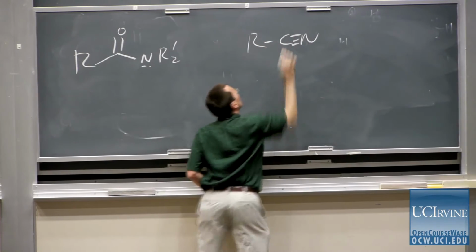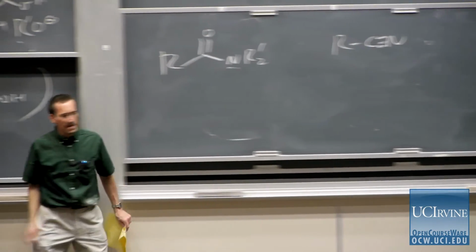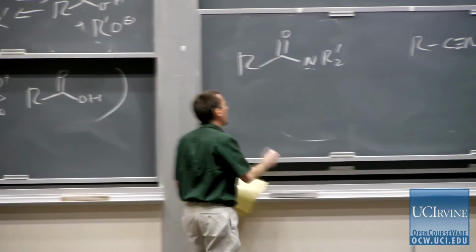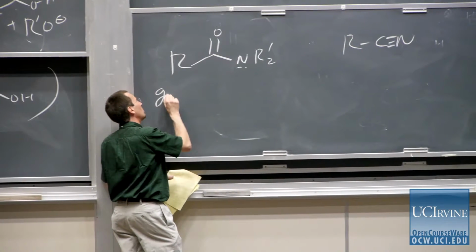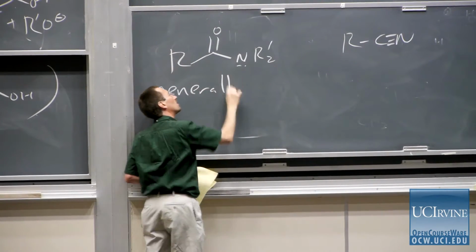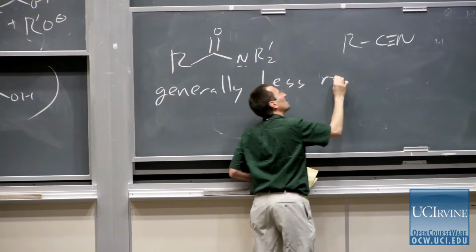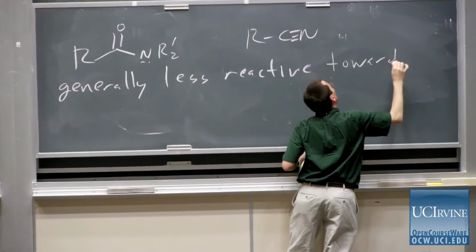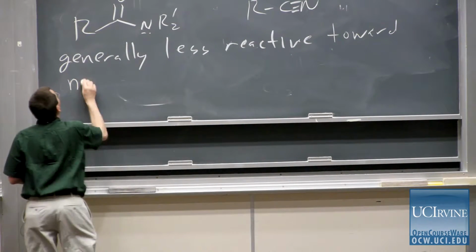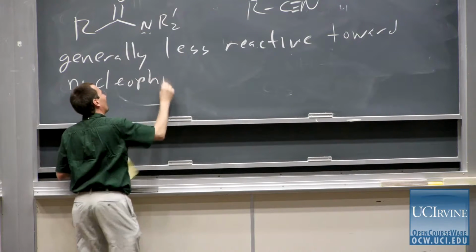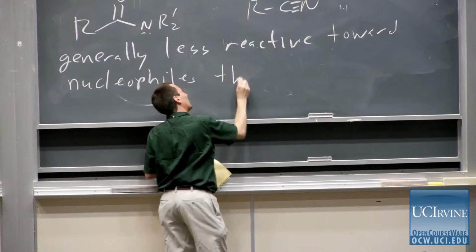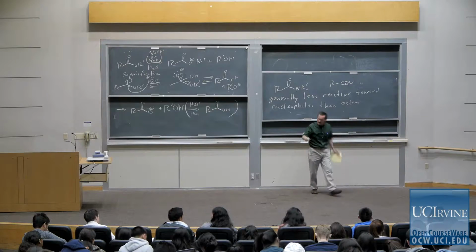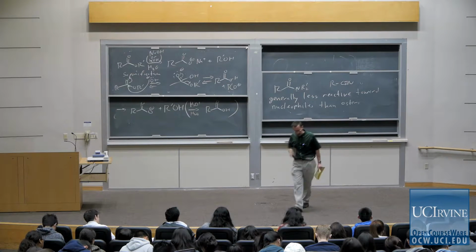Nitriles look very different, and yet in some ways are very similar. Both of these compounds are generally less reactive toward nucleophiles than esters. And I think it's easy, at least, to compare an amide to an ester.